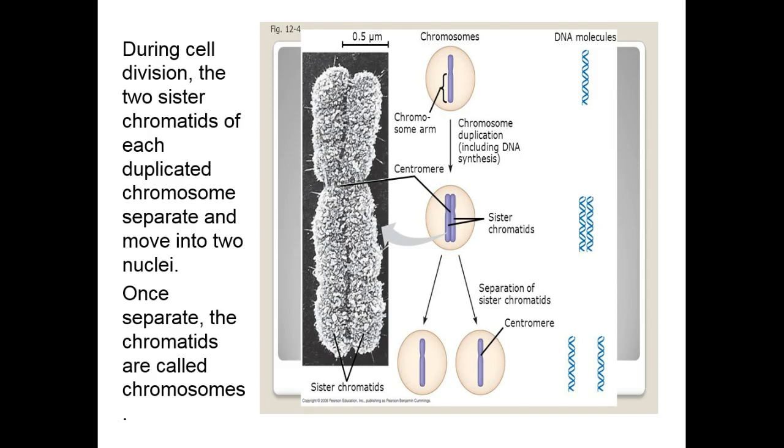They'll move to the two separate poles, and then eventually, as the story continues, into nuclei. Once the separate chromatids are in the opposite poles, they're called chromosomes. We'll pick that concept up again on the next one.